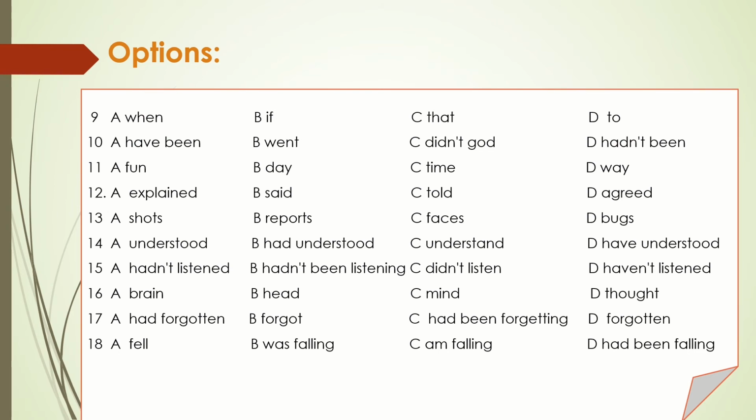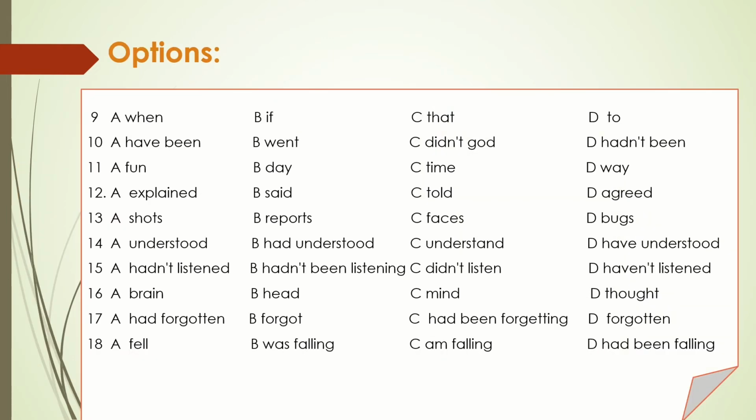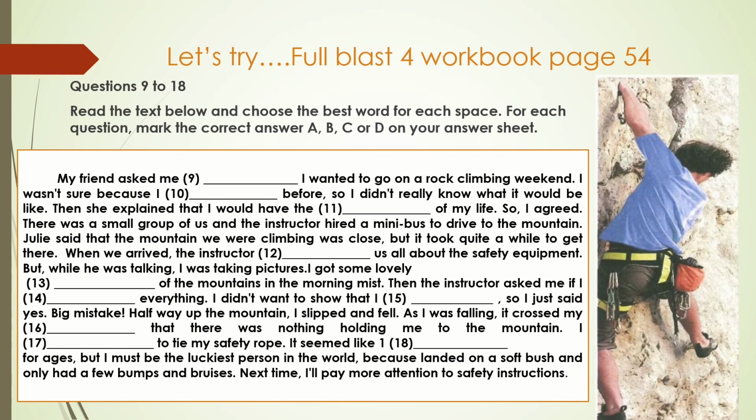I'm sorry if you are not able to see, but if you can refer to your textbook right now, you'll see that on page 54 there are these questions, and you can refer to the textbook to see the answer without having to flip this on and off. Okay, we're going to read this once first so that we know the general idea of what this passage is about and what tenses it majored in.